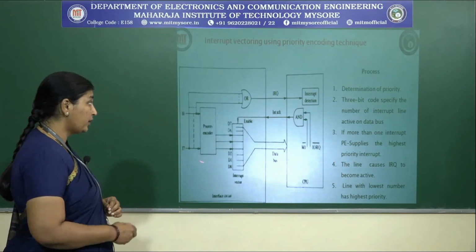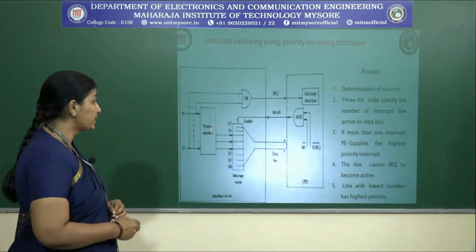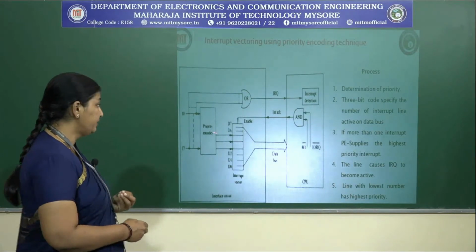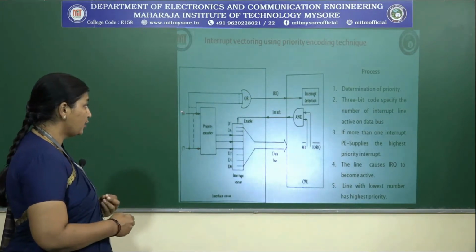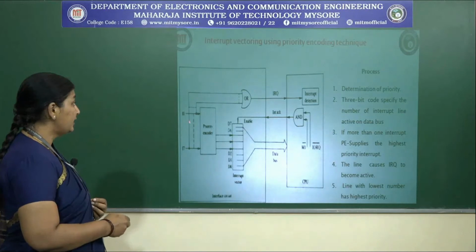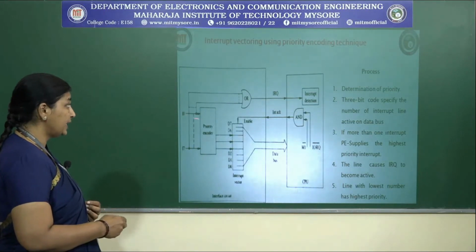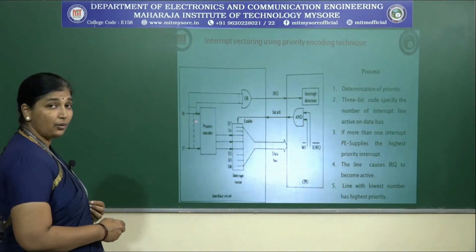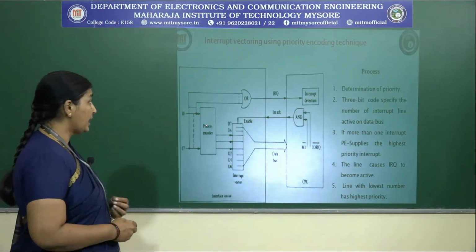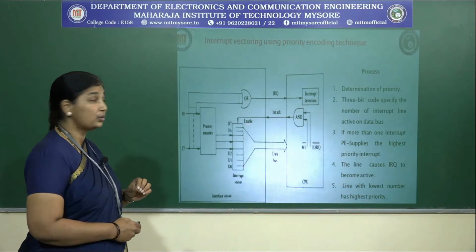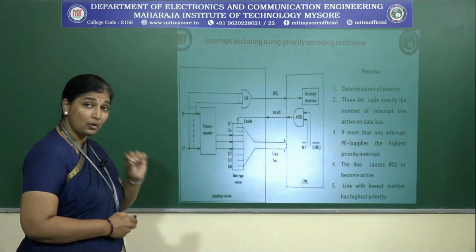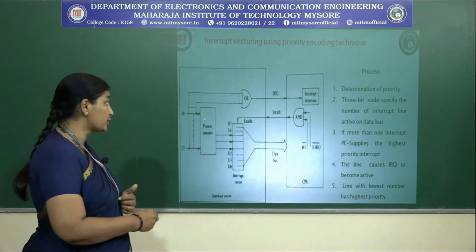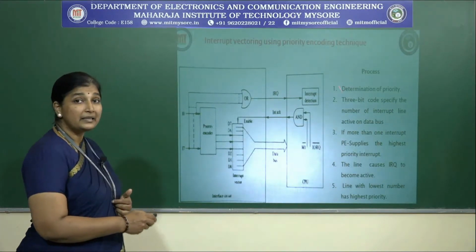Now what the priority encoder does is give 3-coded information from I0 to I7. This is a register wherein the information is set saying that I0 has the highest priority. The address line has a low value, and the lower the value, the higher the priority, because it is closer to your interrupt detection.